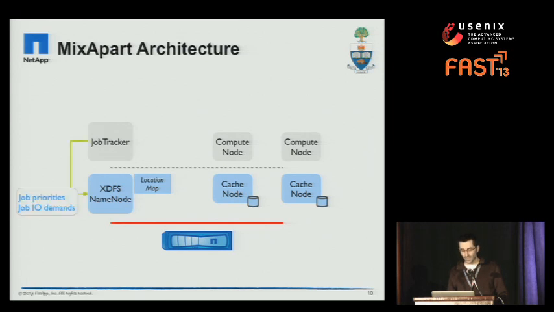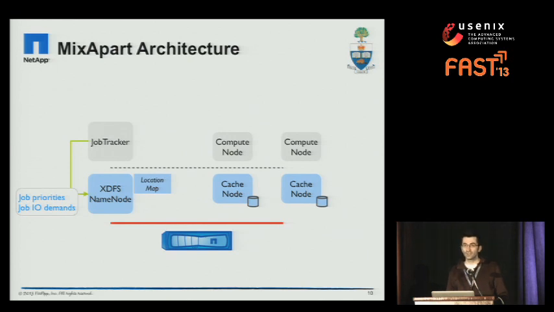For instance, because the predictable I/O demands are available at the compute layer, we need to propagate them to the cache layer. When jobs come into the system, the compute layer sends job priorities, job execution order, and job I/O demands to the name node.